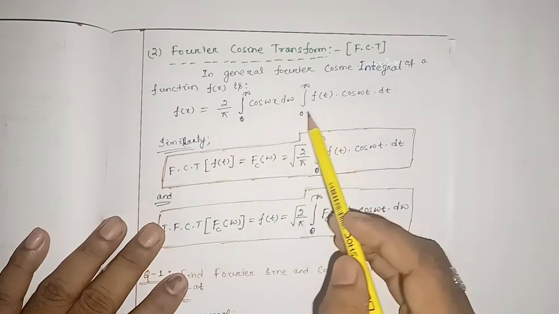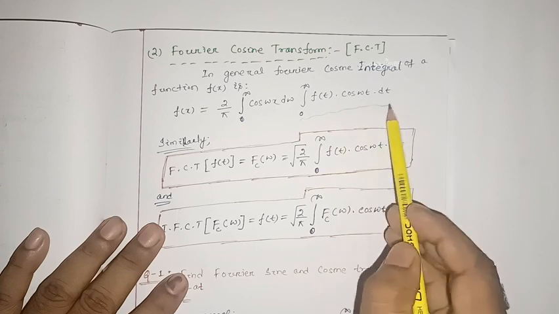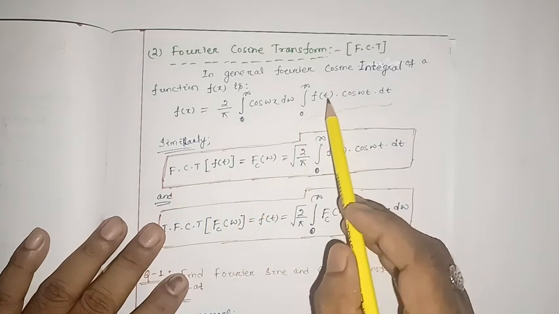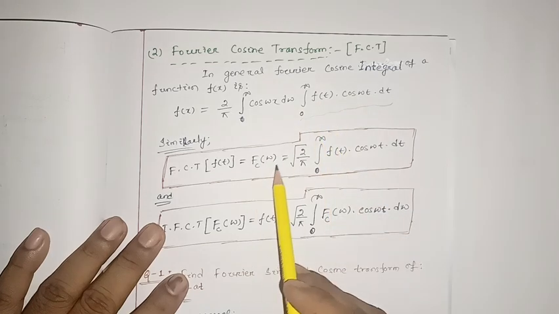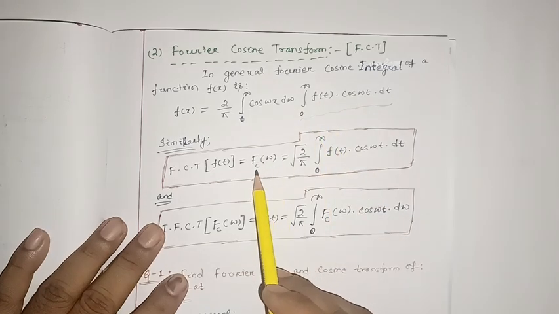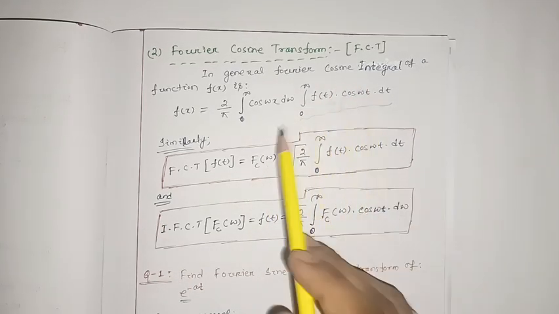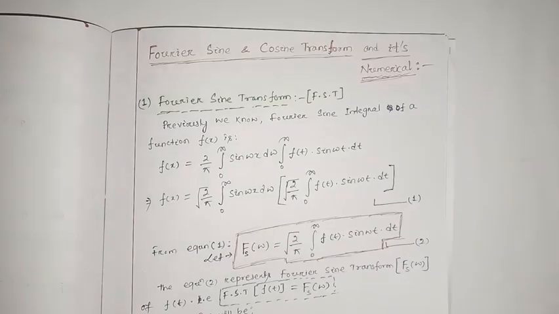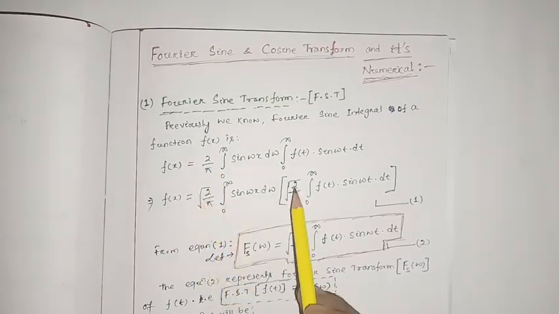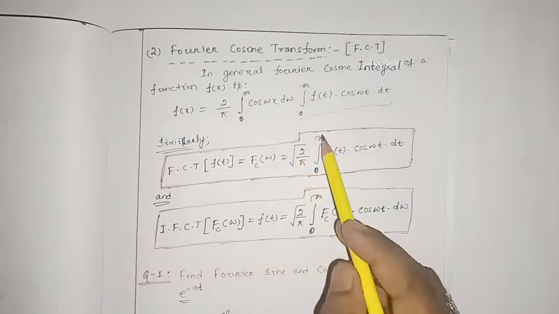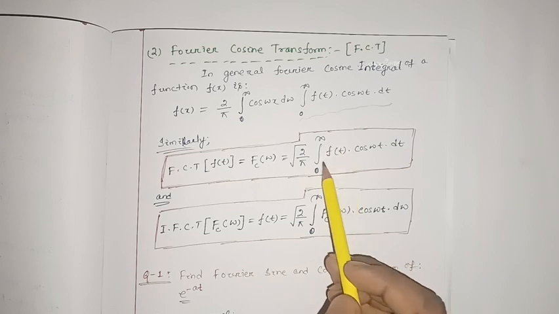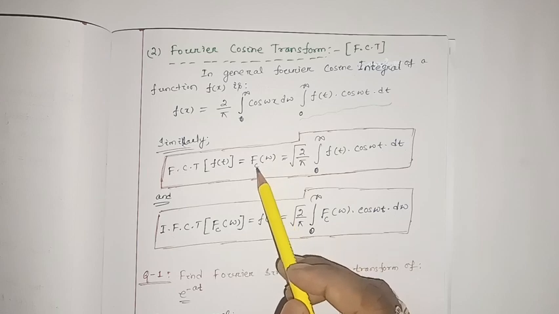Similarly, this integral will be called the Fourier cosine transform. So the Fourier cosine transform of this f of t, symbolically written as f subscript c omega, is this integration, and root over 2 by pi will be multiplied. So root over 2 by pi, 0 to infinity f of t cos omega t dt is nothing but the Fourier cosine transform of f of t, fc omega.